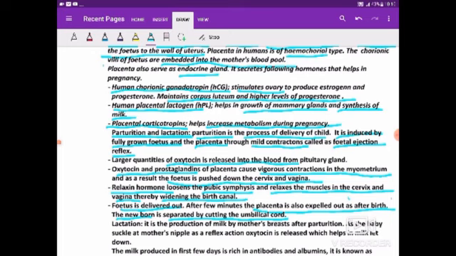Then lactation. Lactation is the production of milk by the mother's breast after parturition. As the baby suckles the mother's nipple, a reflex action is created, and that reflex action causes the release of oxytocin and also prolactin in large quantities.